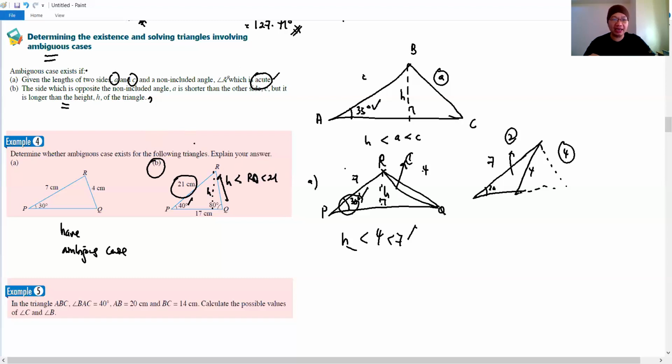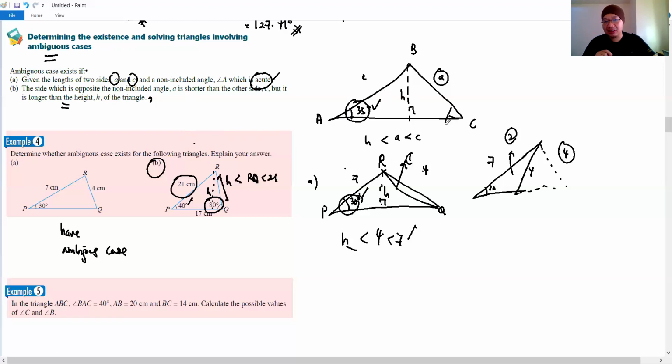How about the other condition here? The angle of A must be acute. Yes, correct. But the problem is the soalan gives us 80 degrees. That means in this question we have two angle values, 40 and 80 degrees. So cannot. When we talk about the ambiguous case, it must have only one angle sahaja.